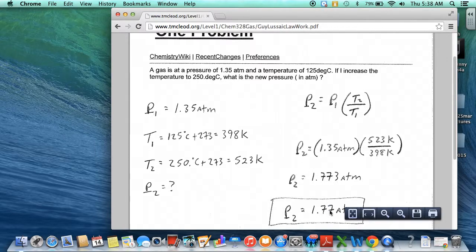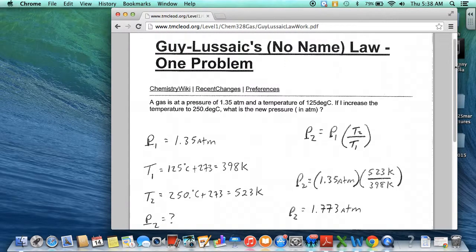And as you can see, that is not correct. That's just a mathematical way of saying you've got to put the degrees C into K. It's important that you do, because the math isn't going to work unless you do. Okay, and we'll talk about that in Charles's law. Okay, so that's how you calculate Gay-Lussac's law.